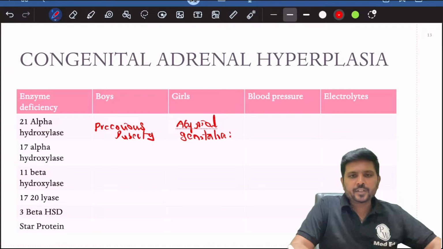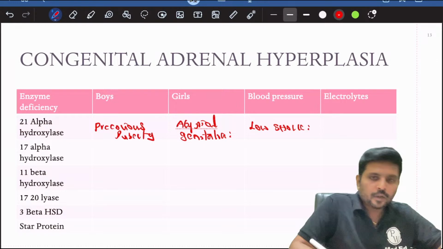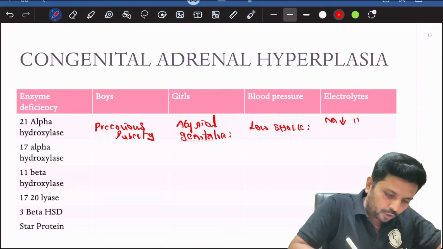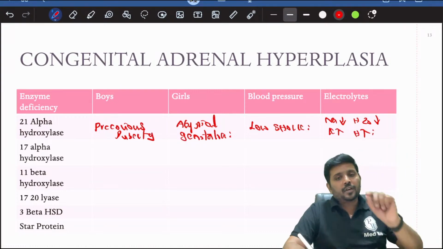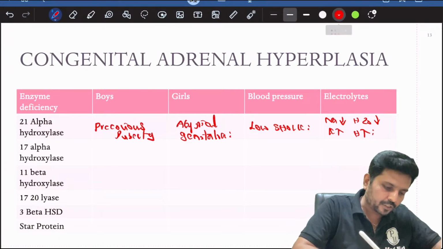Blood pressure in 21 alpha hydroxylase deficiency is low. Often it presents with shock. What will happen to electrolytes? Sodium will be low, water will be low, whereas potassium will be high, H plus will be high. The most often asked question with respect to CAH is 21 alpha hydroxylase enzyme deficiency.